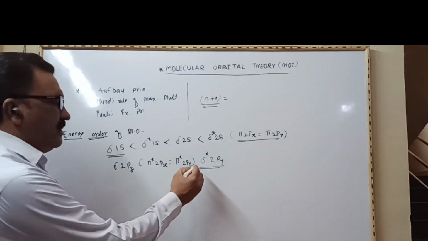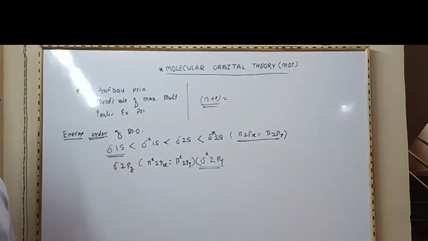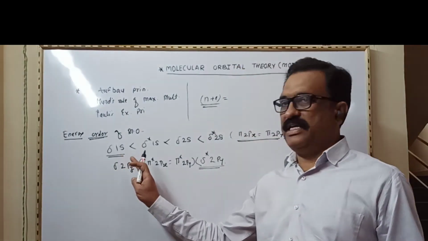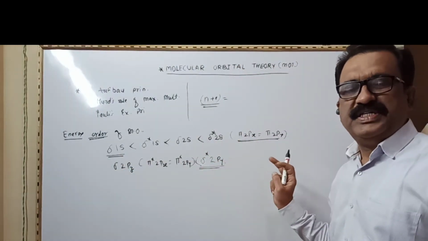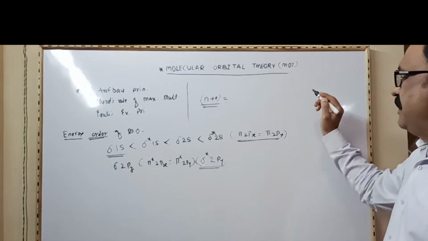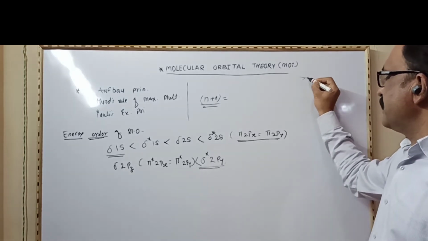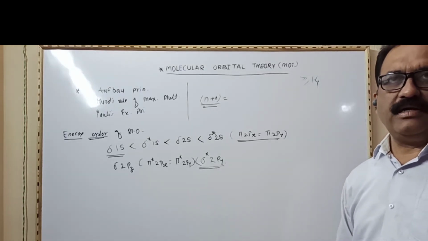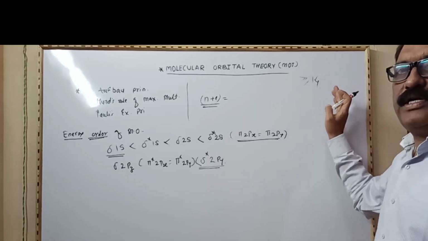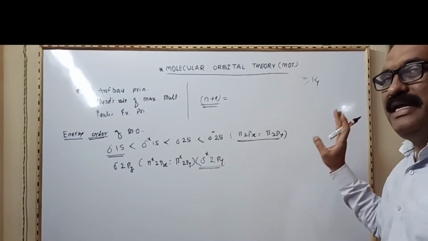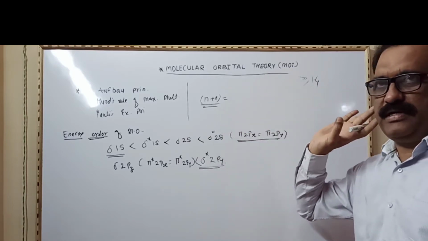This is the energy sequence for molecular orbitals. With the help of this energy sequence, we can write the electronic configuration of molecules. This sequence is applicable when the number of electrons is equal to or less than 14, for the filling of electrons in molecular orbitals.